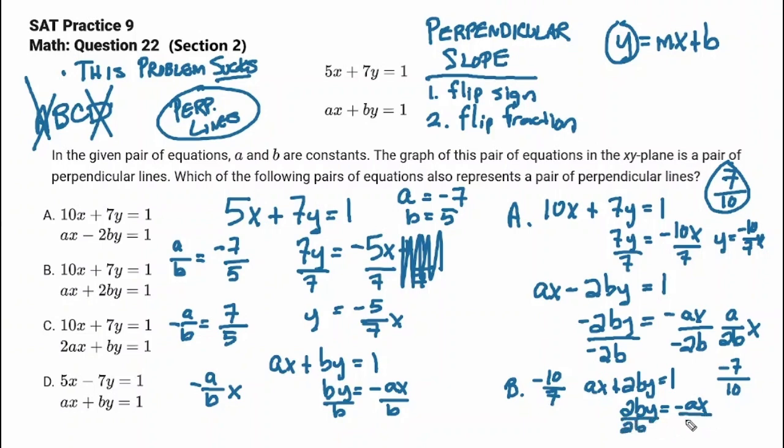So what do I got? I got negative a over 2b x. Here's the slope. Now think about it. Negative a, negative 7, is 7 over 2b. 2 times 5 is 10. It's exactly what I was looking for. And I finally got to the answer.